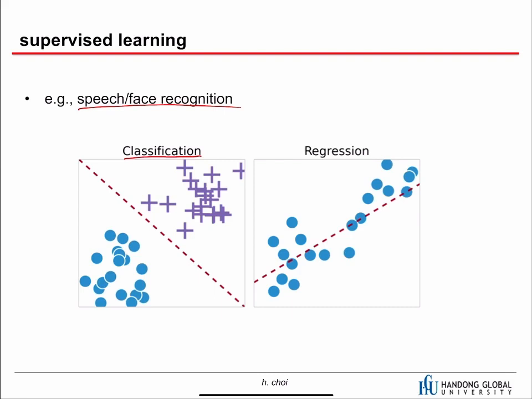Classification is finding a boundary between two different classes or three different classes. And regression is also a supervised learning algorithm, but a little bit different from classification. In regression, we want to find the relationship between x and y, like a line or some curve. Classification and regression are the most popular examples of supervised learning, but they are different.